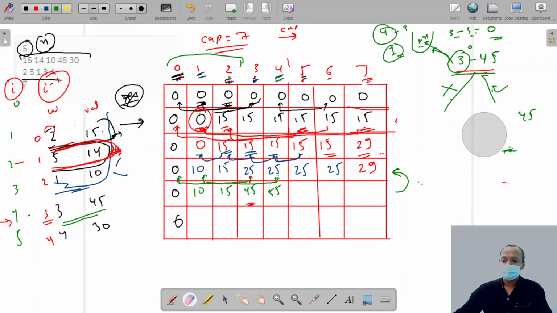No, no, no, the capacity of the bag is 5. If we exclude, we get all capacity, it means 5, and the max value we get is 25. Here we exclude this. Now if we include this, capacity left is 5 minus 3, that is 2.